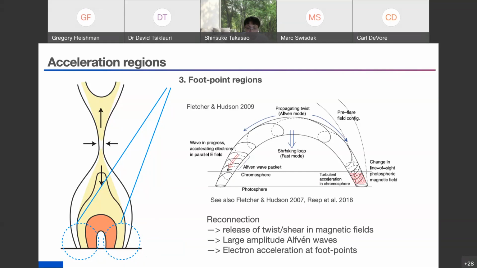The idea is as follows: after the reconnection occurs, the magnetic twist will be released, and the magnetic twist will be transported as an Alfvén wave to the footpoints, producing a strong electric field here, accelerating the electrons. So this is a type of direct acceleration around here.